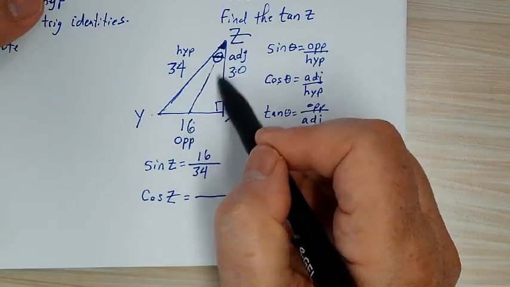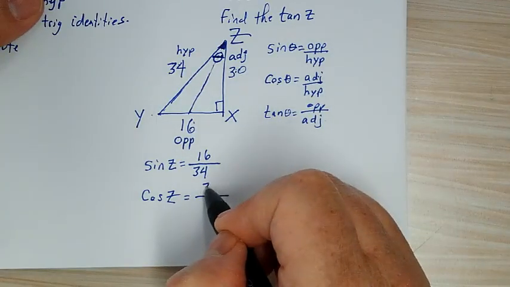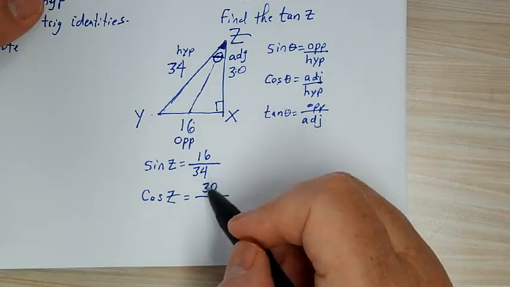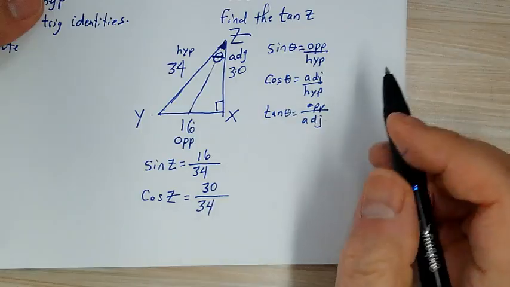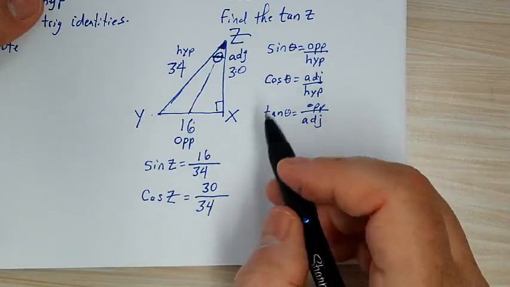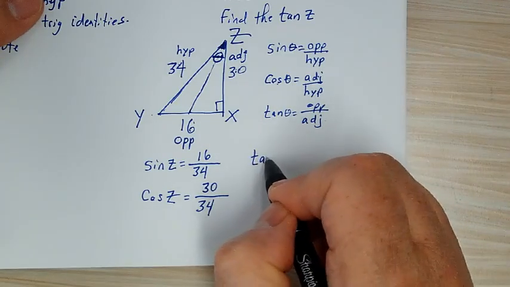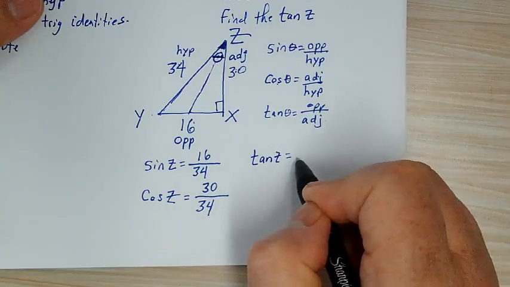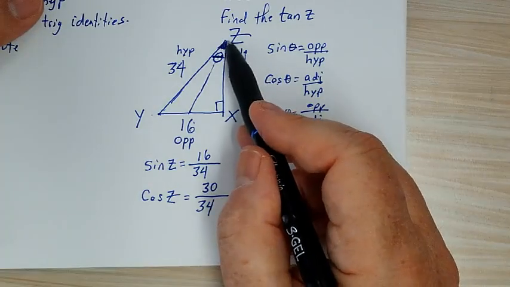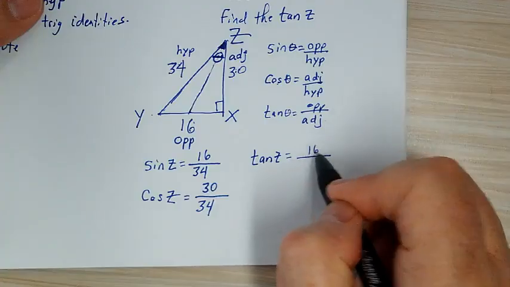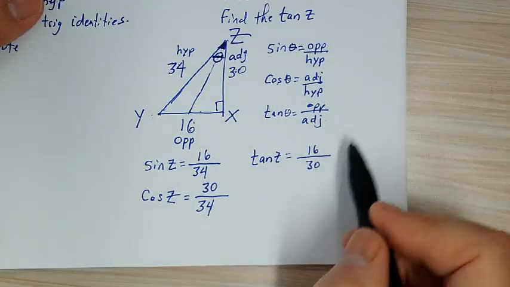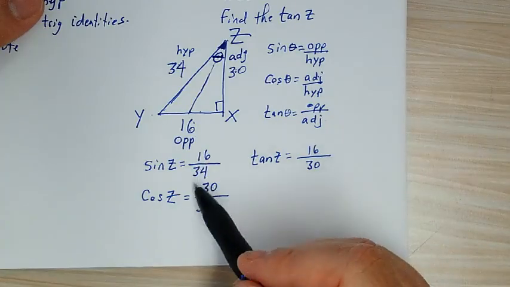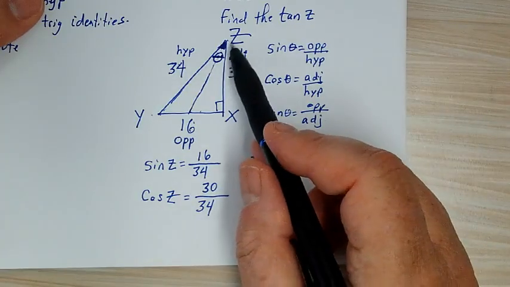So we put the adjacent side over the hypotenuse, and the hypotenuse is 34. And that's the cosine of z. Finally, the tangent of angle z, we know is the opposite side of z, which is 16, over the adjacent side of z, which is 30. And we just found the sine, cosine, and tangent of our reference angle z, and that's correct.